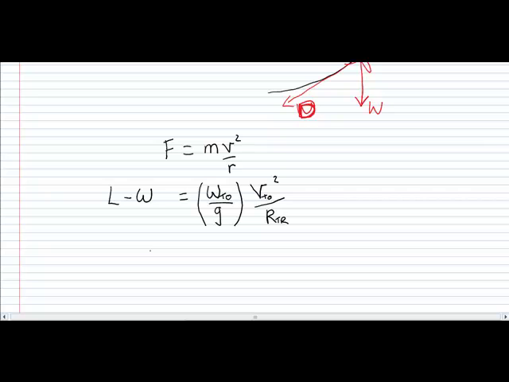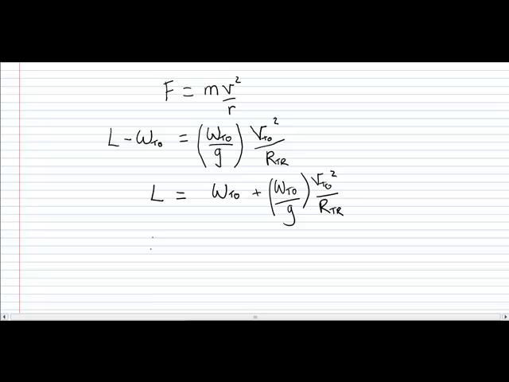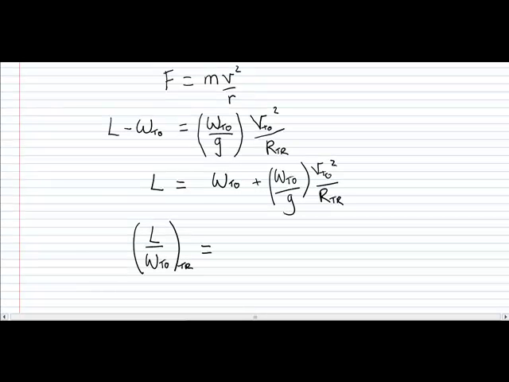Now if I take the W on the left hand side over onto the right hand side, of course this W is also the takeoff weight, and divide through on both sides by W. Typically we call that lift divided by weight during transition, or lift over weight in general for an aircraft, the load factor for this phase of flight, and of course that now is going to be over g.